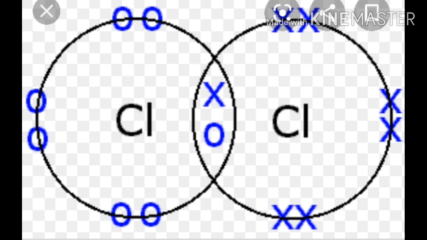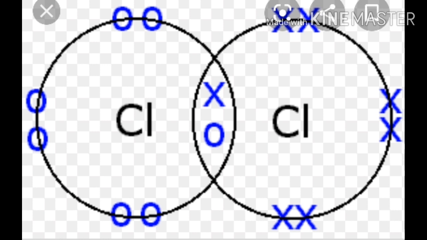And these 2 atoms achieve a stable, completely filled electronic configuration by sharing a pair of electrons. So, listen to the diagram. The last shell consists of 7 electrons, in which 1 electron is shared by both the atoms. That is, the first atom of chlorine shares 1 electron with the second atom of chlorine.